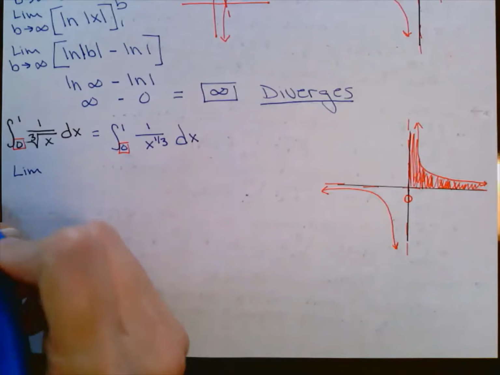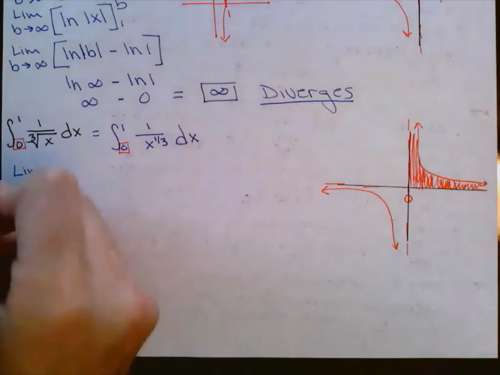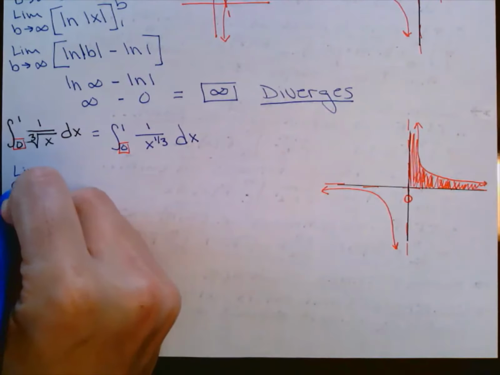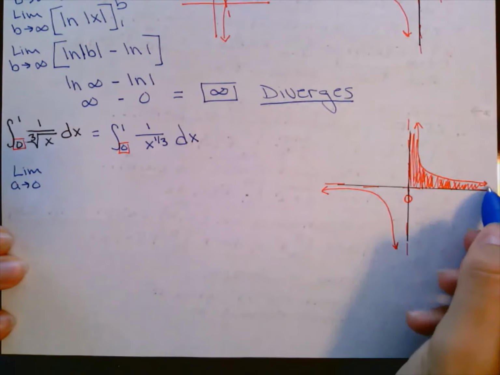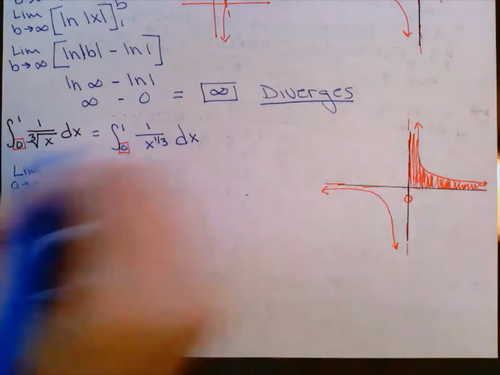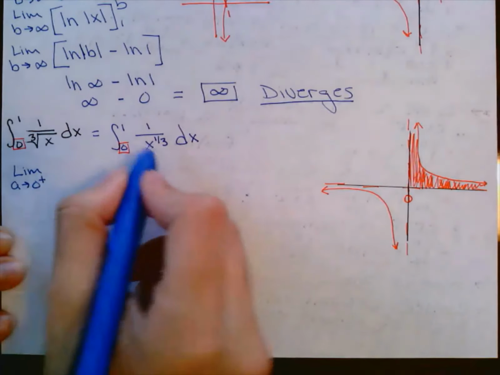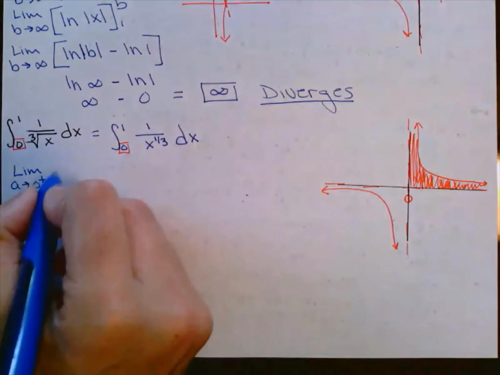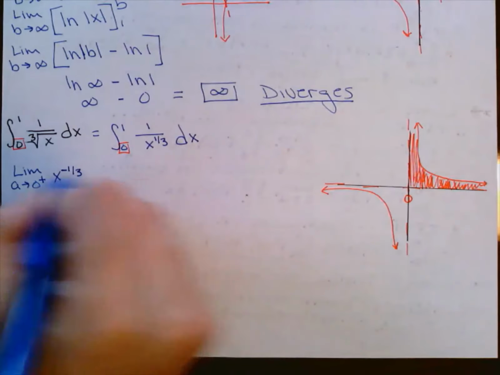I'm going to pick a letter. You could pick A, B, C, whatever letter you want, okay? Because it's in the bottom, I'm going to go ahead and put A. Approaches 0, and since they want from 0 to 1, what I'm trying to find the area of is the right side, okay? And now I'm going to write this version, but I'm going to move it up with a negative exponent of x to the negative 1/3. Whoops, I forgot my integral.